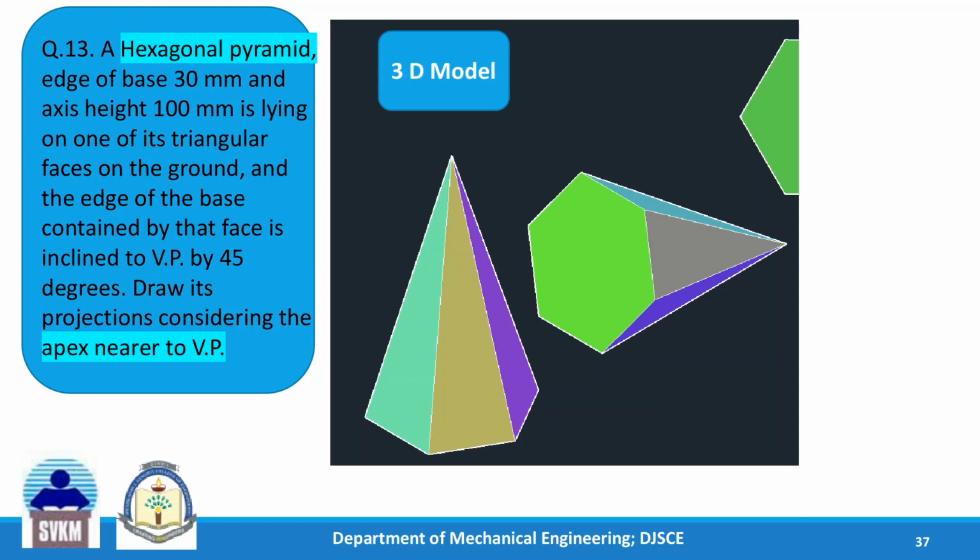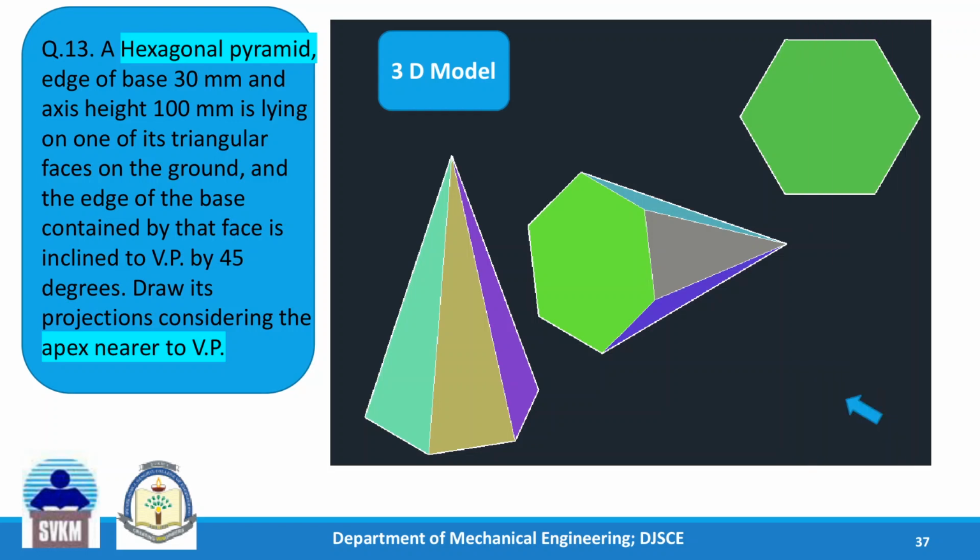And in the third step, we will turn it around and the edge of the base, this edge, makes an angle of 45 degrees with VP. That is, we utilize that for the third step.